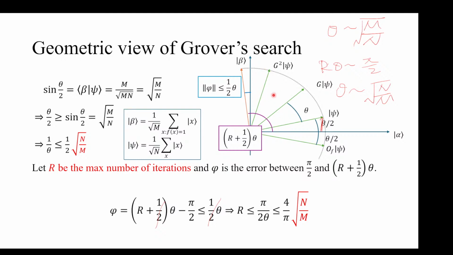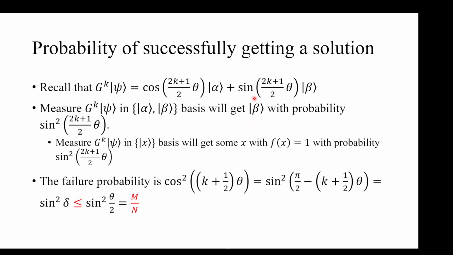Then the probability of getting alpha is cosine squared of this angle, and the probability of getting beta is sine squared of this angle. You can also see the amplitude of beta is sine, and the amplitude of alpha is cosine. So the probability you get beta is sine squared of this angle.